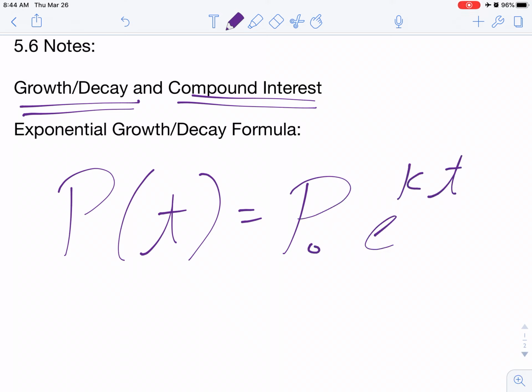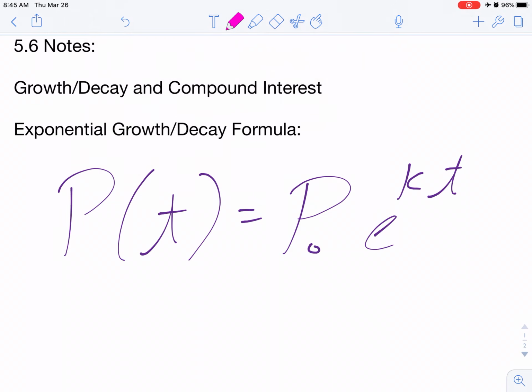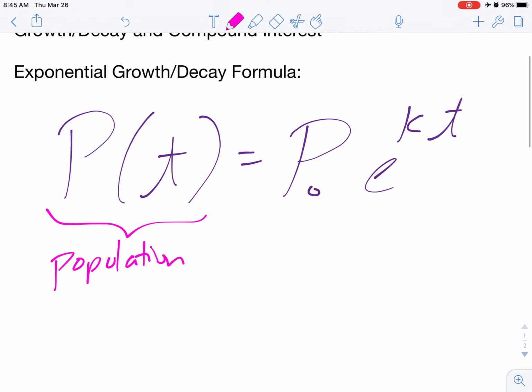So this is the first formula. This is the formula for exponential growth, exponential decay. Now, this formula uses a P. Some books will use something different, but this stands for the population after time t.